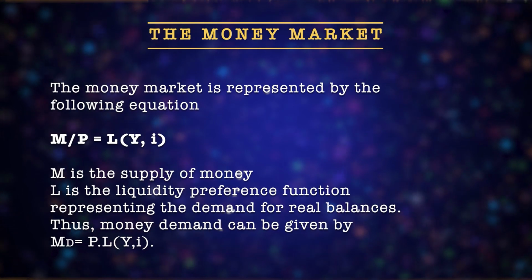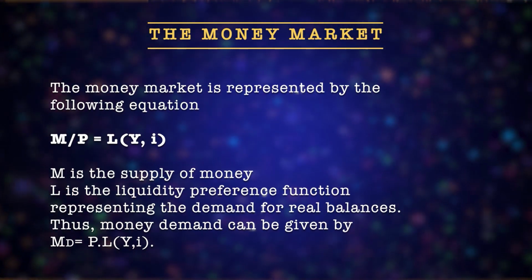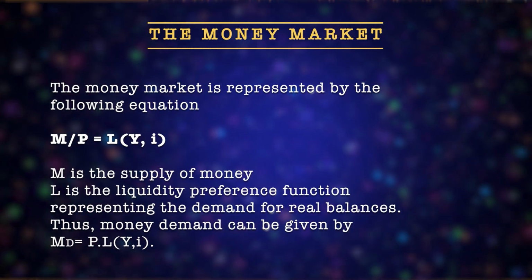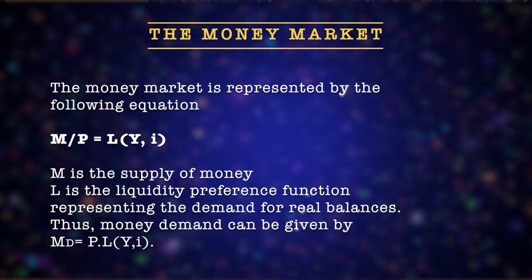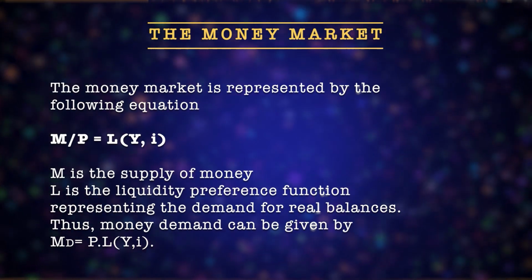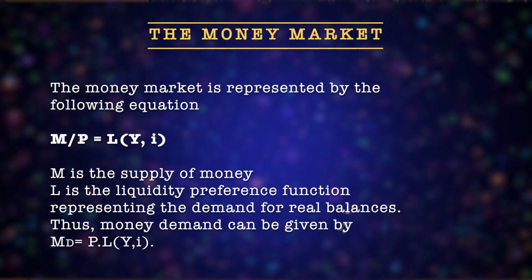Now what is M here? M is obviously the supply of money. Here P denotes the price. So this M by P basically denotes the supply of money in equilibrium, the real supply, real balances in the equilibrium.